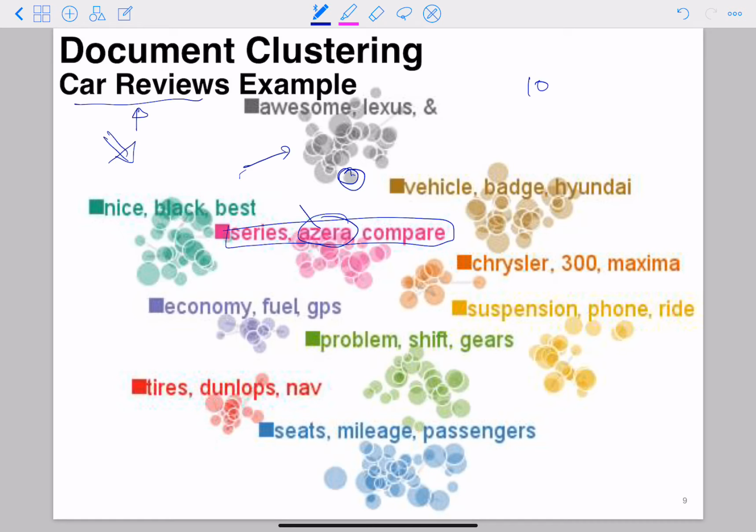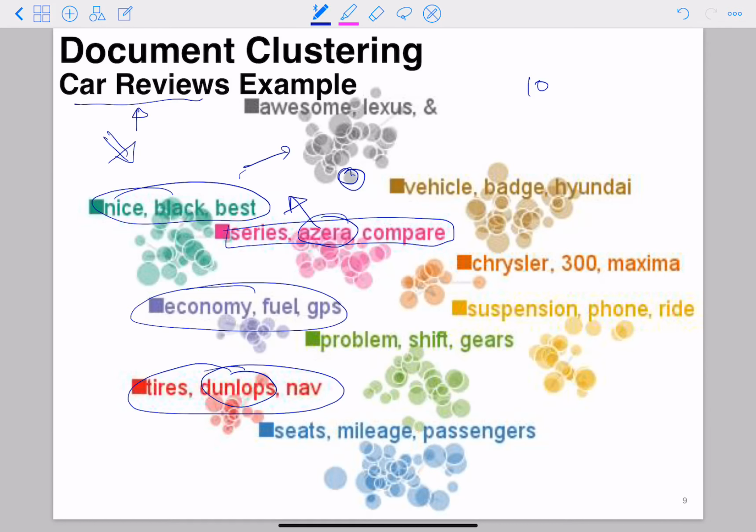This one, by the way, is the American car name of the Grandeur here in Korea. Then maybe economy, fuel, and GPS is another topic that people are discussing. This is about tires, and Dunlop is a tire brand. This one is talking about color.